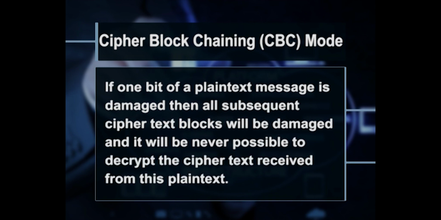If one bit of a plain text message is damaged, then all subsequent ciphertext blocks will be damaged and it will never be possible to decrypt the ciphertext received from this plain text. As opposed to that, if one ciphertext bit is damaged, only two received plain text blocks will be damaged.